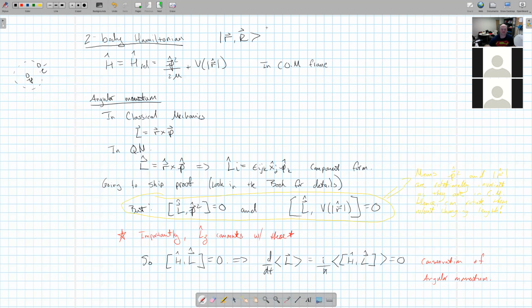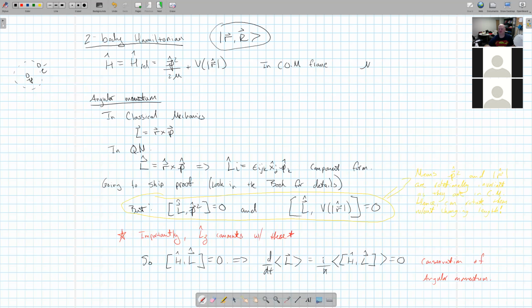All right. So this was our basis states that we're using here. So this thing split up into two parts, which was the Hamiltonian of the center of mass, which was just the kinetic energy, plus the Hamiltonian of the relative, which is then the momentum of the relative coordinate divided by twice the reduced mass.